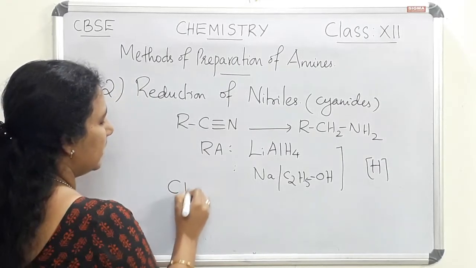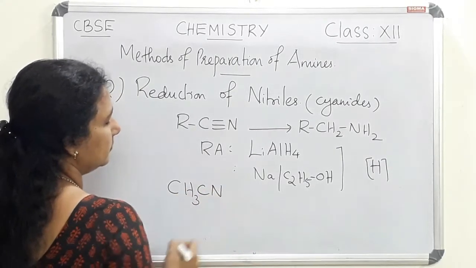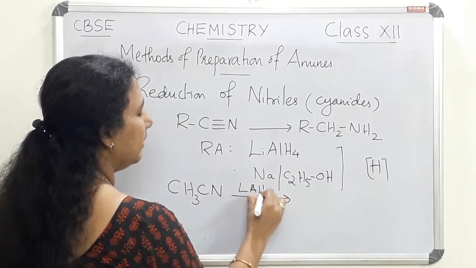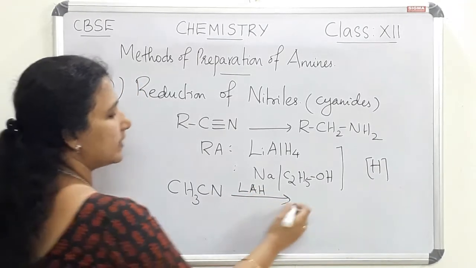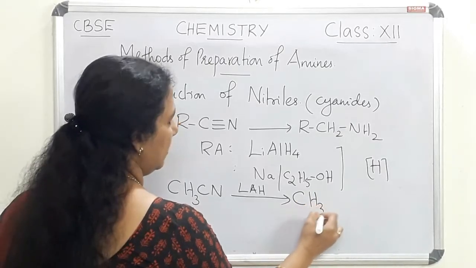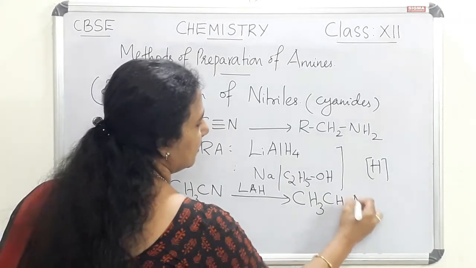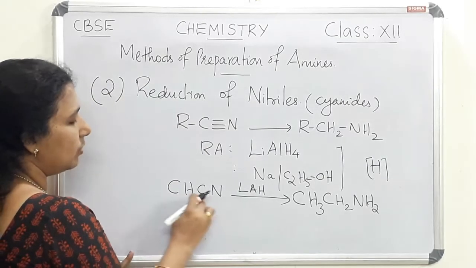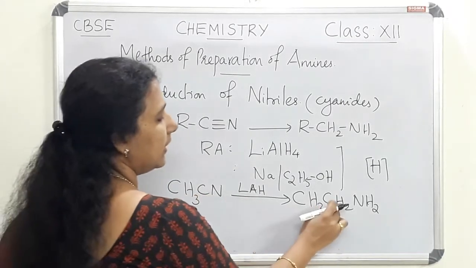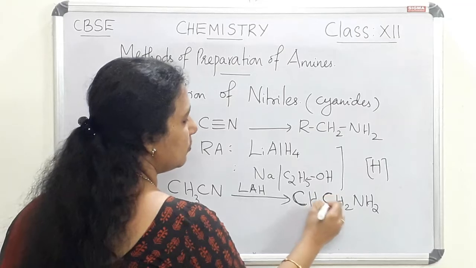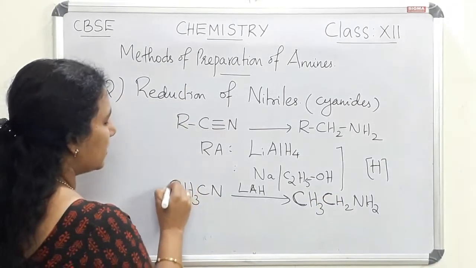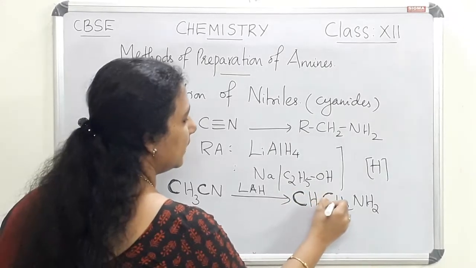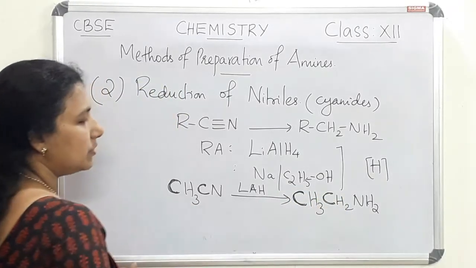So let us write one example. If it is CH3CN in presence of lithium aluminum hydride, the reduction reaction takes place and we will get the corresponding amine. Here we can see two carbon atoms in the cyanide, and in the product also we will get the compound with two carbon atoms.